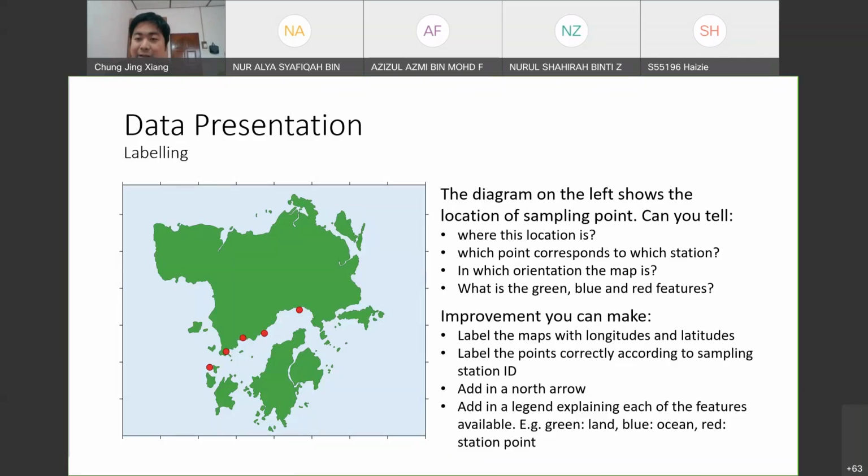Let's say green is land, blue is ocean, red is sampling point, for example. So you have proper labeling so people know. And sometimes if you want it to be fancy, you can also include a scale bar, like 1 cm on paper is equivalent to how many kilometers in the real world. Yeah, scale bar.